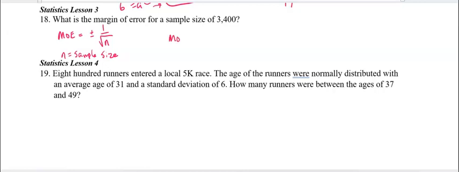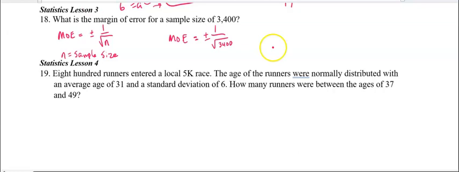Don't forget the plus minus because it's going to build a range around the sample proportion, which you don't have to find in this case, but knowing that the margin of error is a plus minus number is important. All right, so plus minus 1 divided by the square root of 3,400. You'll probably want your calculator for this.